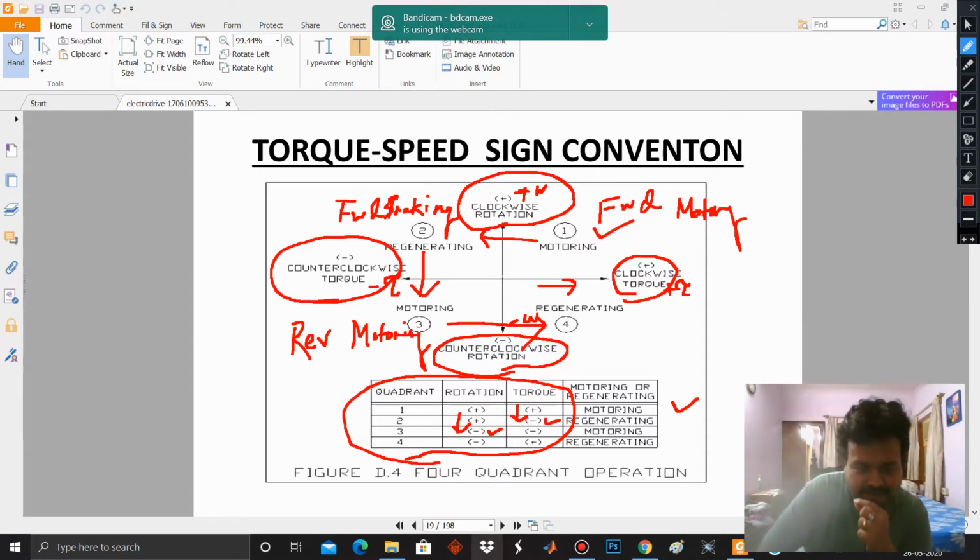In the fourth quadrant it is also anti-clockwise. But what about the torque? The direction of the force, or the rotational torque, has changed from anti-clockwise, or counterclockwise, in the third quadrant to clockwise in the fourth quadrant.